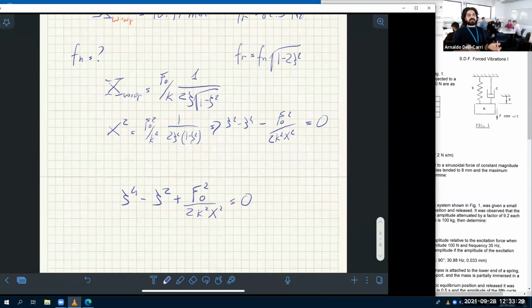And this is a quadratic equation. We can solve this with Wolfram Alpha if you want. This has two solutions. One of them is negative, so one of them is useless.